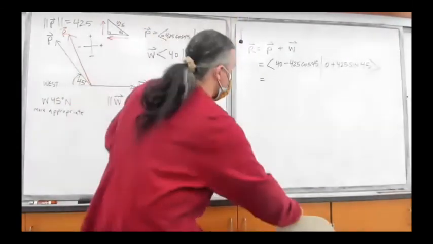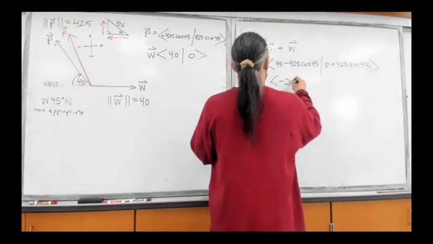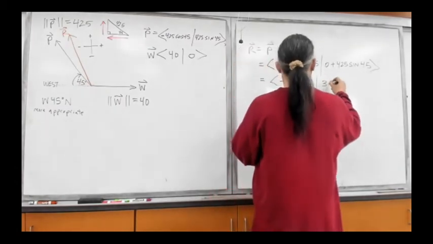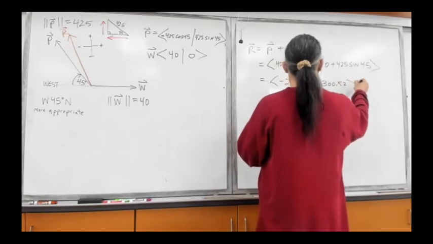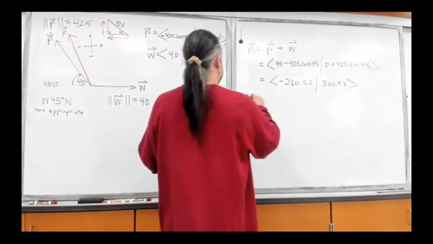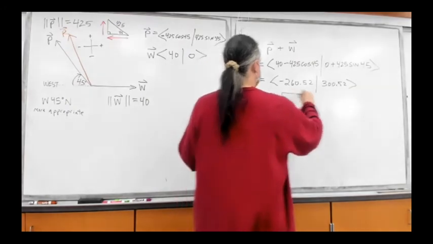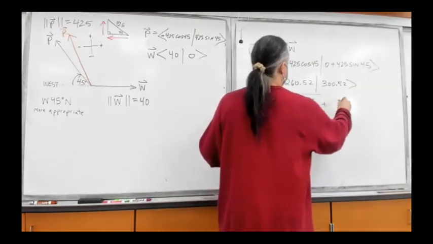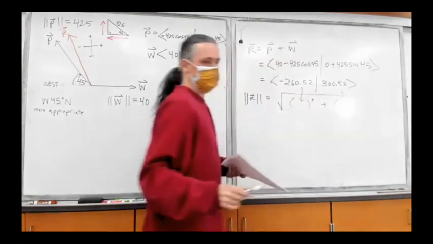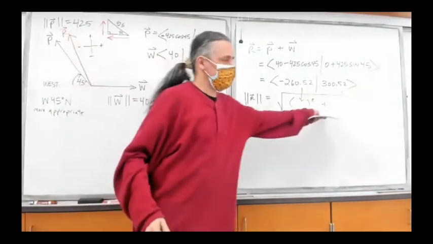And then we find the resultant of that. Rather than writing the numbers again, it's just the square root of the x component squared plus the y component squared.